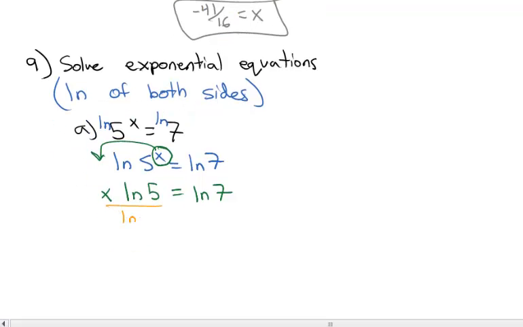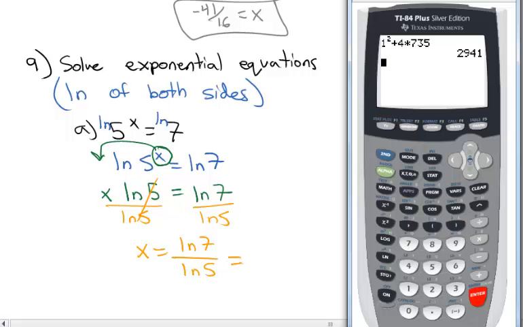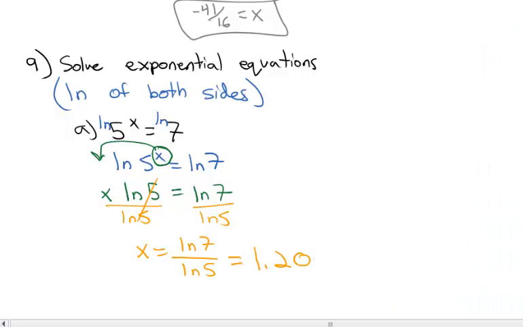Divide both sides by the natural log of 5 to get the x alone. And x is equal to the natural log of 7 divided by the natural log of 5, which our calculator can do quite nicely for us. The natural log of 7, close the parentheses, very important, divided by the natural log of 5. And the answer is 1.209. We have our solution.